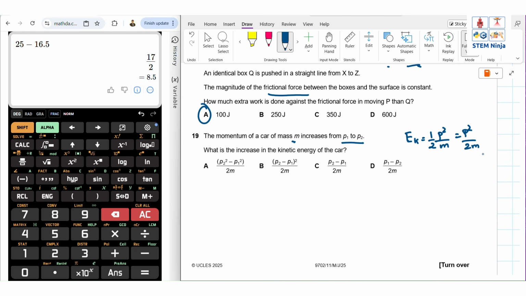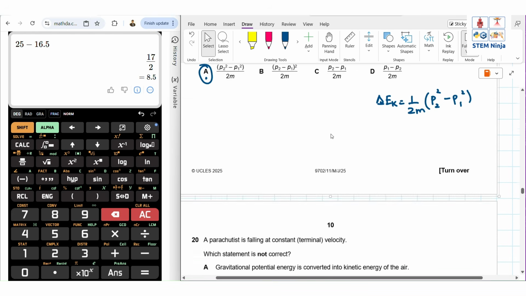Now, m remains the same, obviously, but the momentum changes, so change in kinetic energy would be 1 over 2m times pf squared minus p initial squared. Well, they already gave us P1 to P2, so this would be final minus initial, P2 squared minus P1 squared. So they are already squared, so 19 would be A.